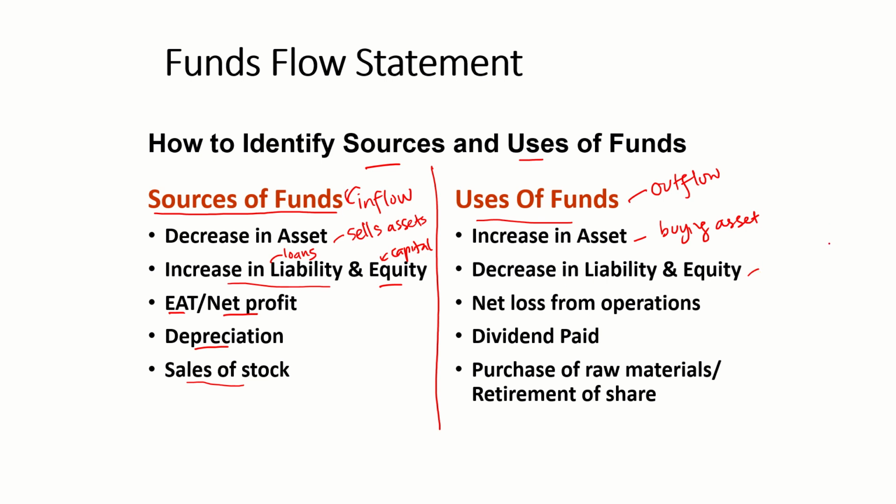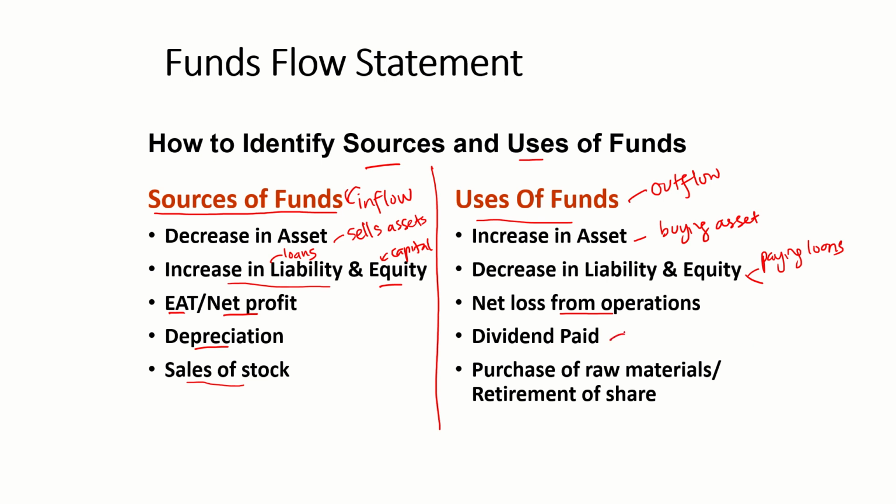Okay, we are giving out, paying interest, paying loans. And then paying back capital to shareholders. So basically we use the fund to pay. Then net loss from operation. If net profit gives money to the company, net loss is a use of fund.